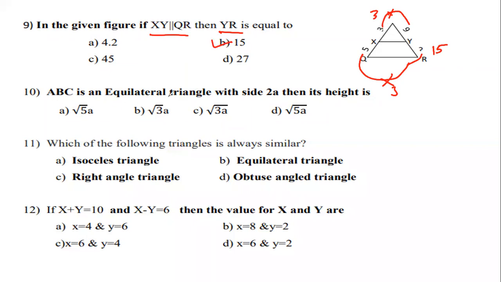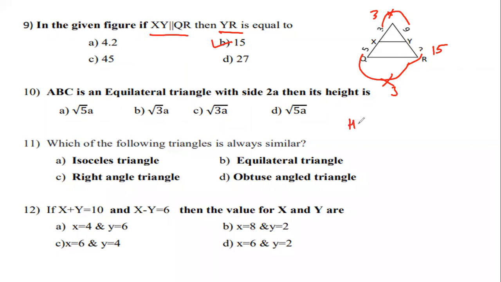ABC is an equilateral triangle with side 2a. Then its height is dash. So height of the equilateral triangle. What is the formula for the height of the equilateral triangle? Many times they are asking this question.